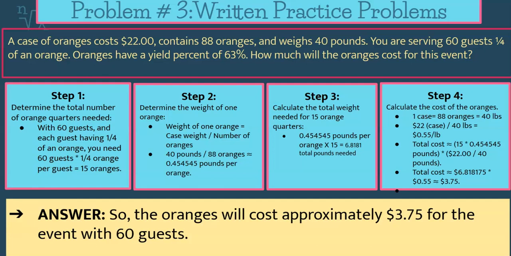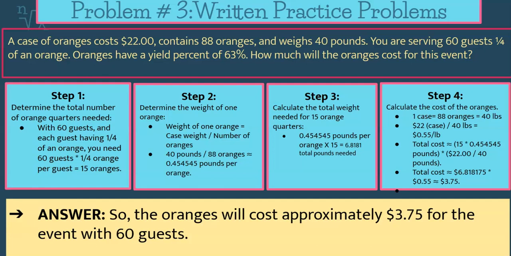Step 2, determine the weight of 1 orange. We're going to take our total weight for the case, which is 40 pounds, and divide it by 88 oranges, and it gives us 0.454545 pounds per orange.